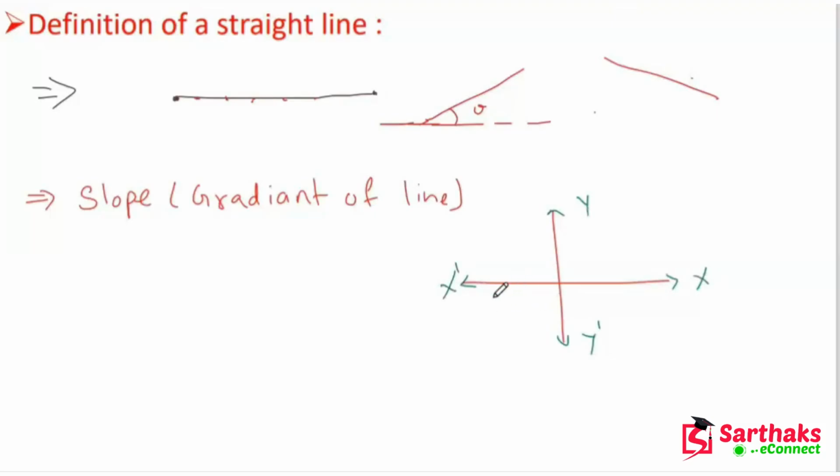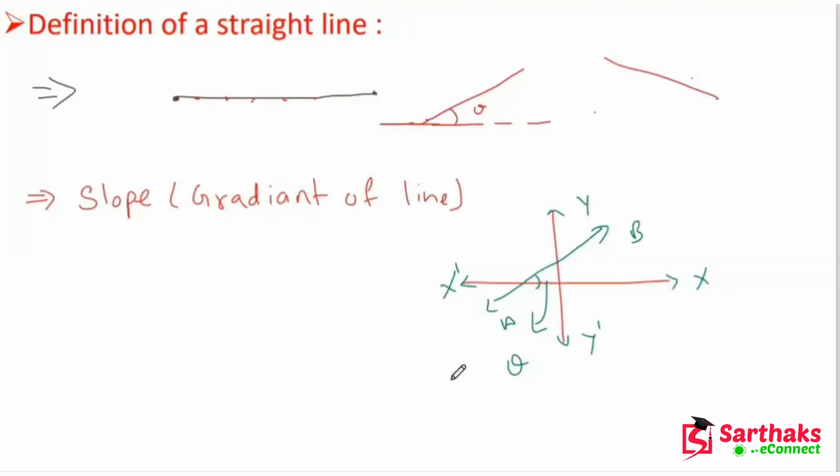Now we have a line A and B. This is theta, and it is also called the gradient.